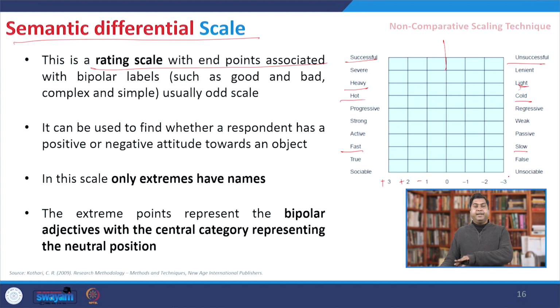It is again a 7-point scale where you have two poles opposite to each other, and here we are defining the numbers. We are not giving any description of what plus 2 represents.